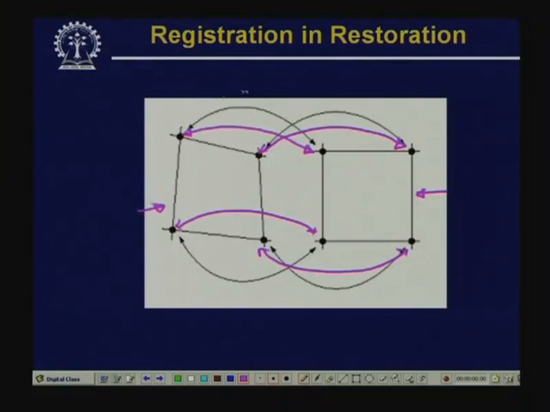So, the kind of restoration that can be applied here is something like this. Say, if I have an original point, say x, y in the original image, and this point after distortion is mapped to location say x prime, y prime.